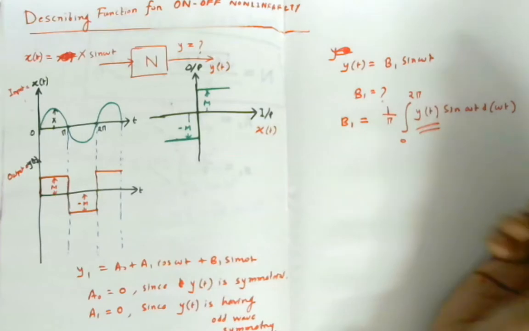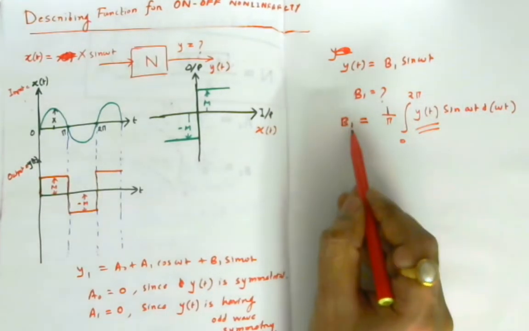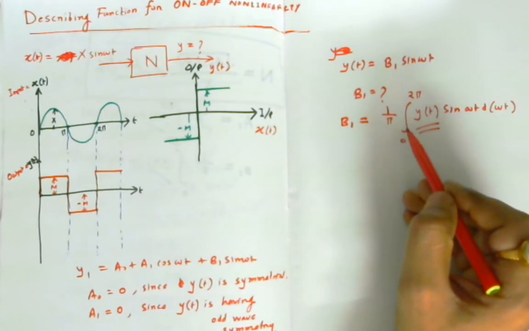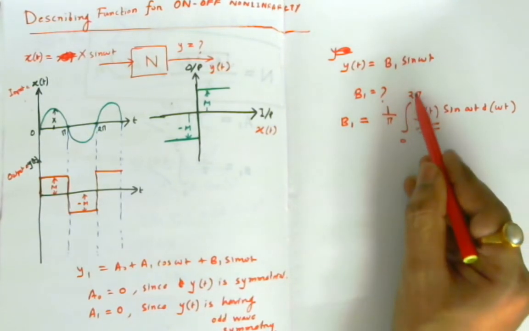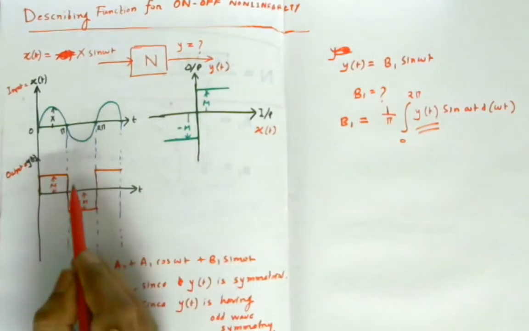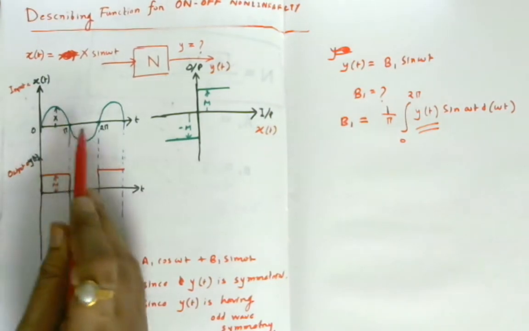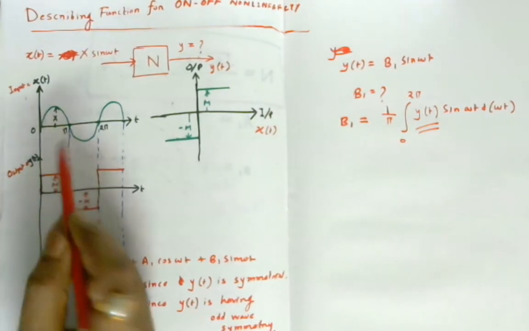What about yt in between 0 to 2 pi? What is the condition for yt?